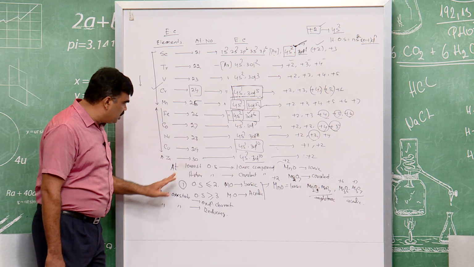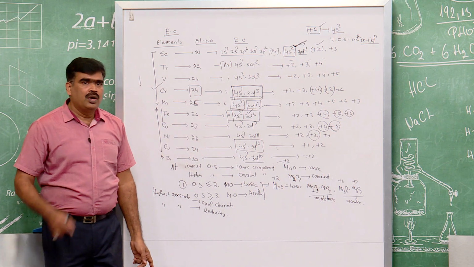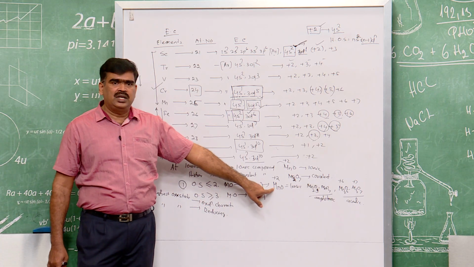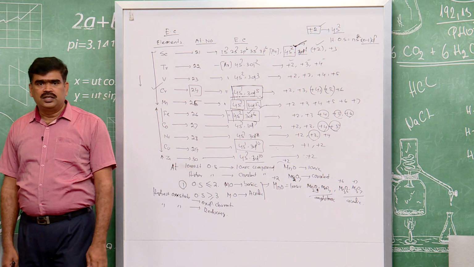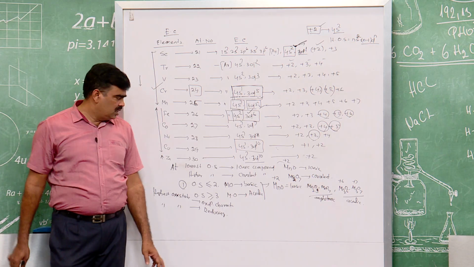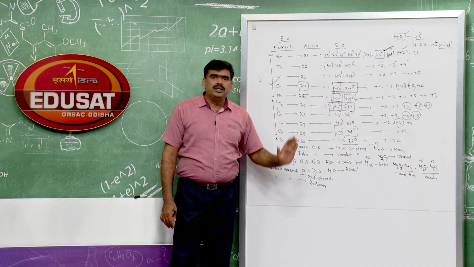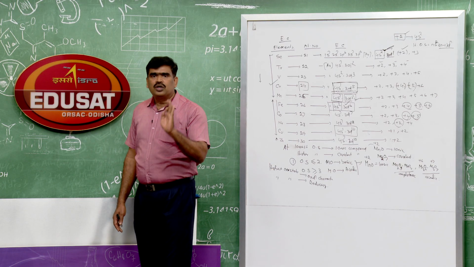At lower oxidation state, they form ionic compounds, and at a higher oxidation state, they form covalent compounds. At a lower oxidation state, their oxides are basic, and at higher oxidation states, their oxides are acidic, and in between, there may be some amphoteric, in the case of manganese. So these are the basic characters exhibited by the transition metals at different oxidation states.